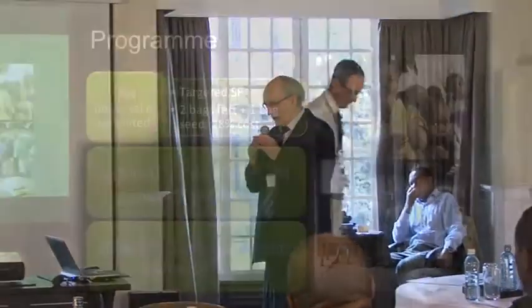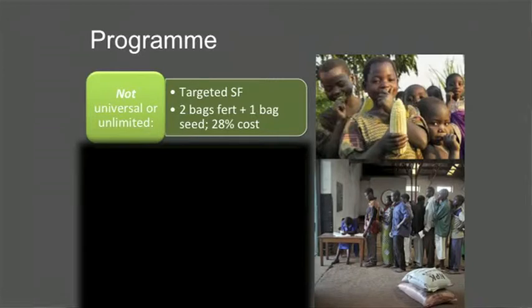Thank you, Colin. So this is the programme that was designed, and it had these elements in it. Now, it wasn't a universal subsidy and it wasn't an unlimited subsidy. It was targeted to smallholders. If you're a large farmer, you weren't meant to get it.